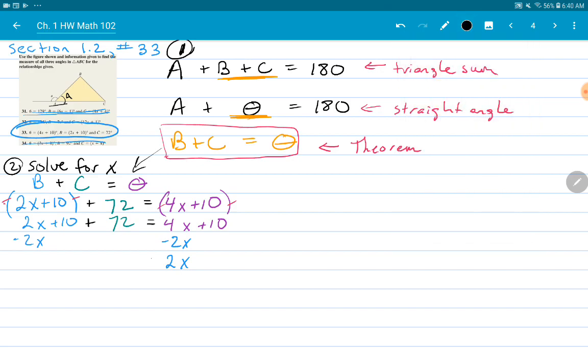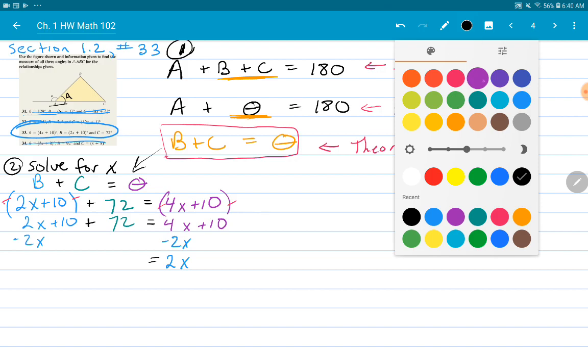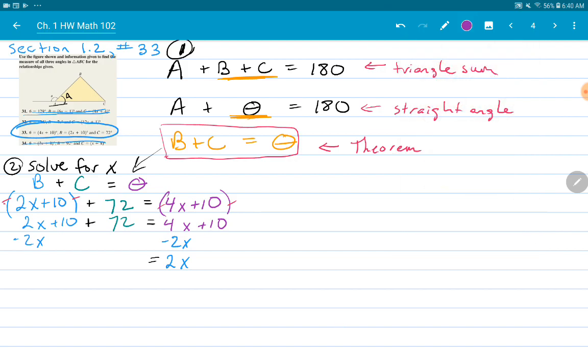And to combine the constants, I will get the constants on the left since I got the x's on the right. So I'm going to subtract 10 from both sides. And then I'm left with 72 on the left and 2x on the right. And then solving for x, dividing both sides by 2, I get 36.